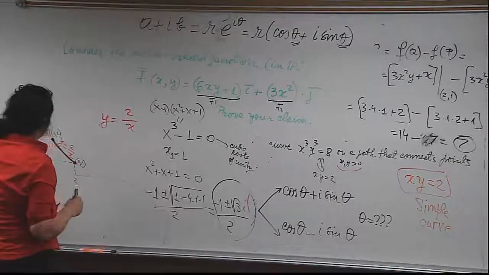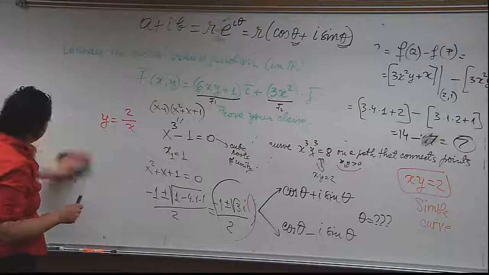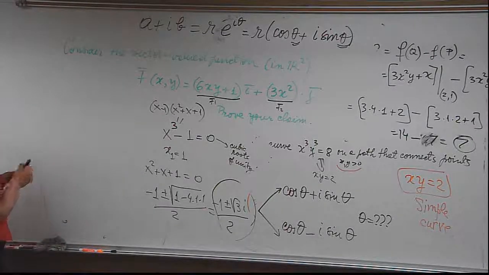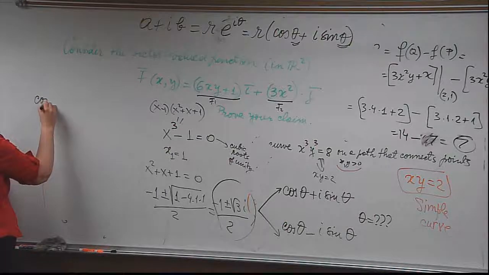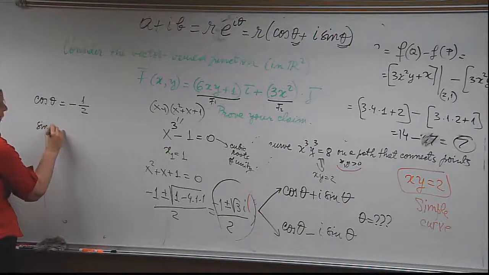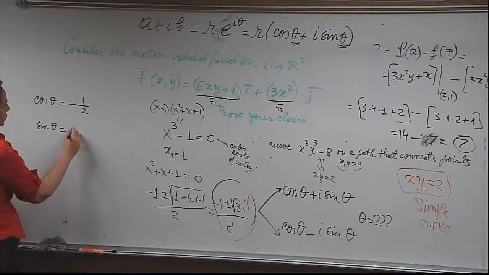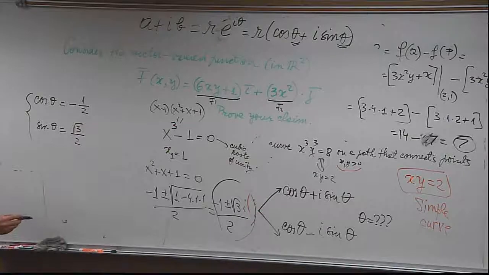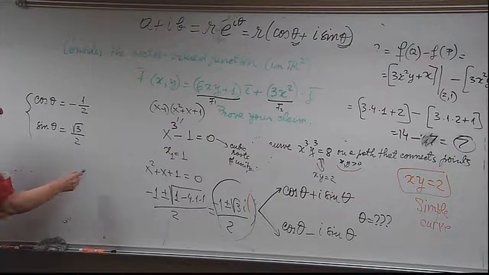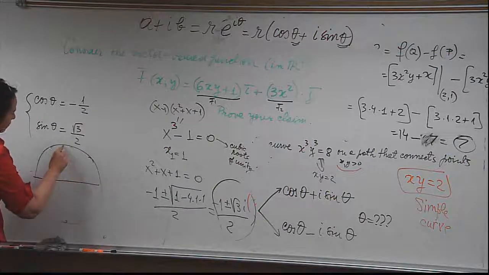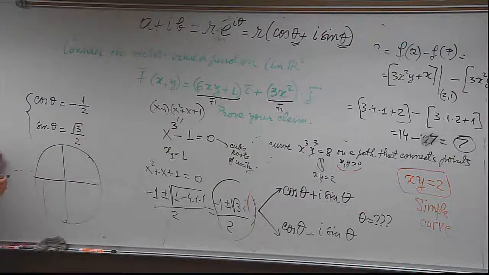Think like this: we are done with this example, but I'm just saying some things that will help you in 3350. If you want cosine theta to be minus a half and sine theta to be root 3 over 2, which quadrant are you in, of the 4 quadrants? The second quadrant. Very good.